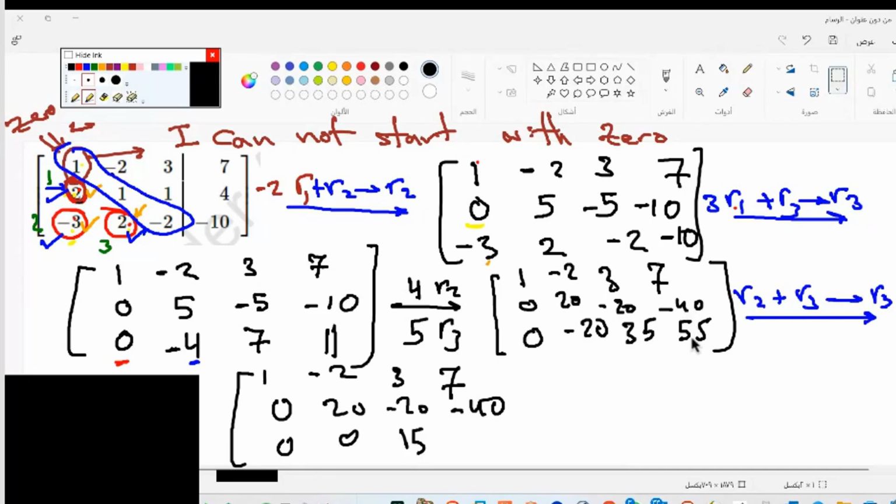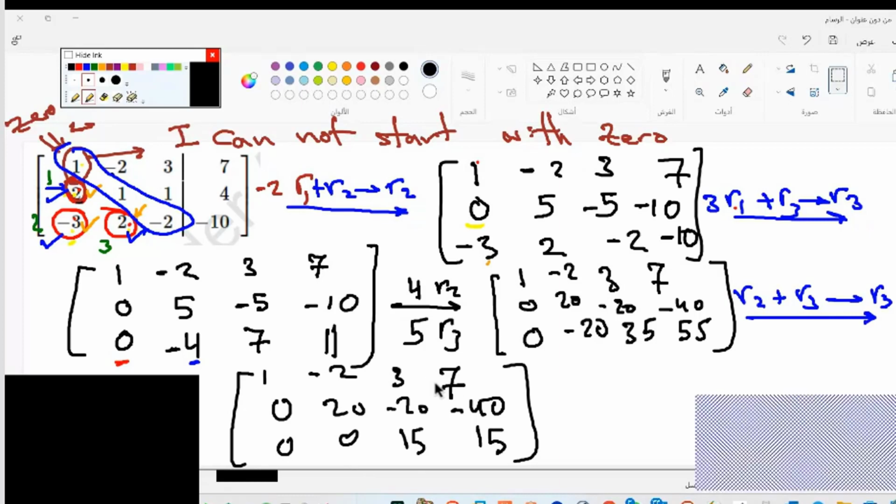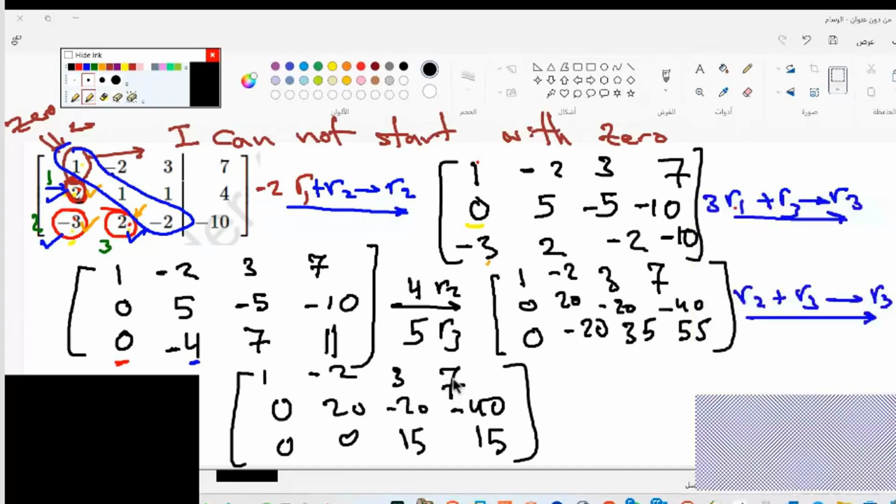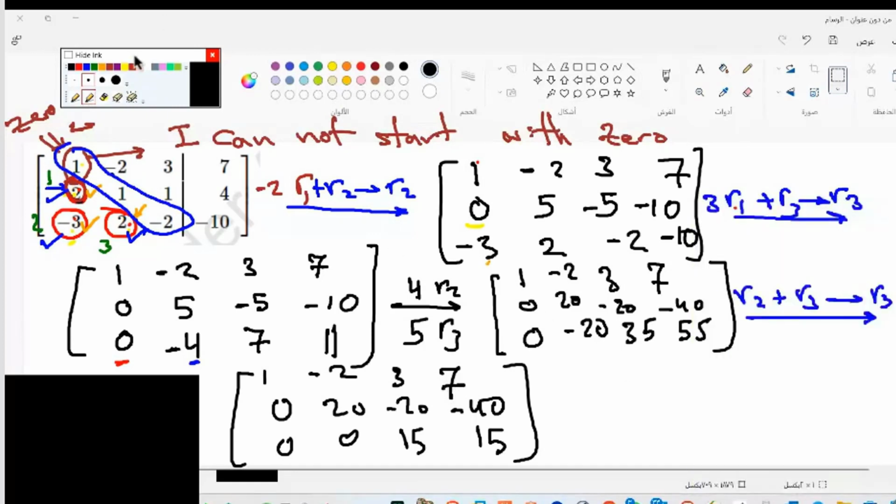Now 15 with 15, correct? Mathematicians, is it correct? Is it correct or not? Thank you, Firat. Thank you, John. Thank you, Mustafa. Yeah. Now let's check our conditions.